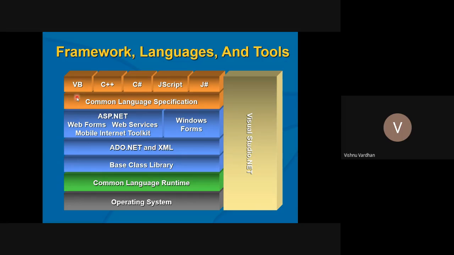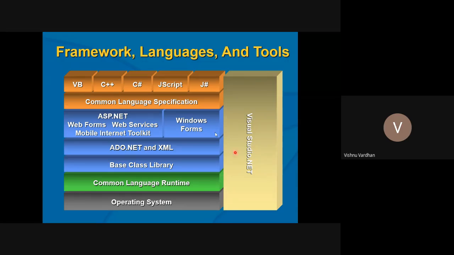Then on top of this, the Common Language Specification, CLS, is there, which is supported with individual language compilers. So ultimately, if you are writing code in Visual Studio.NET, you can see from top to bottom, the Visual Studio.NET is alongside. And why is it so?